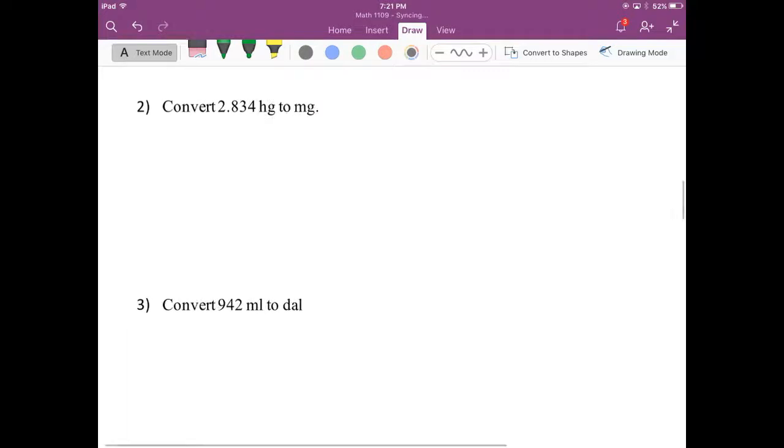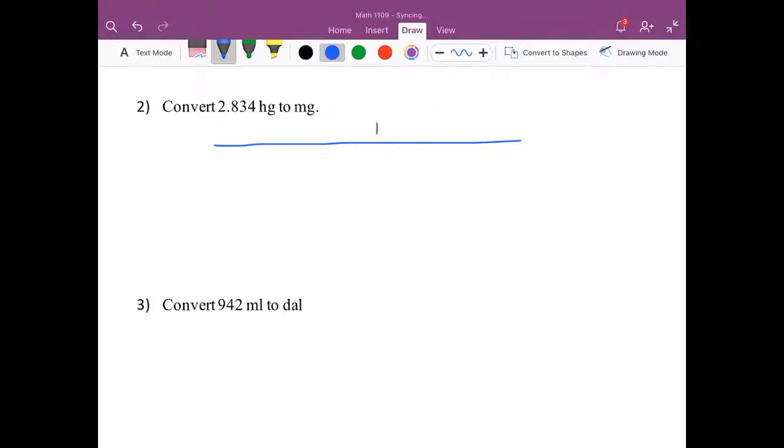So 2.834 hectograms to milligrams. So again, I'm going to draw out my line. Grams goes right in the center. Then I get decigrams, centigrams, milligrams, decagrams, hectograms, kilograms. Okay, I see how many jumps it takes to get from, in this case, hectograms to milligrams.